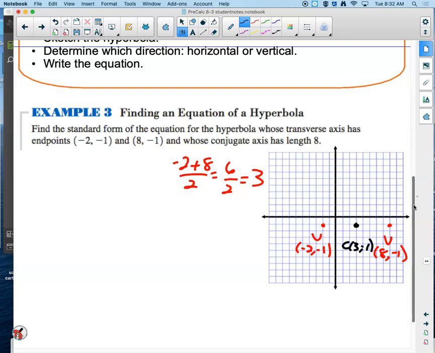That's important. Can't make my h and k stuff without that. And now I can count a, or just look at it and say, well, from 3 to 8, that's 5 units. So a is 5. It also tells me this is a horizontal hyperbola, because my vertices, my transverse axis, my major axis, is going to go out horizontally.